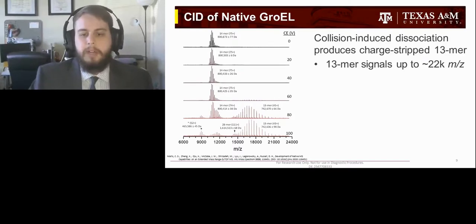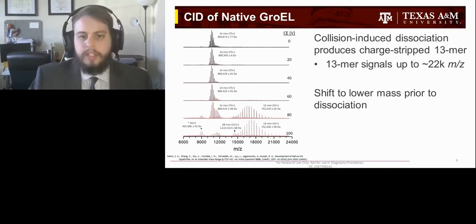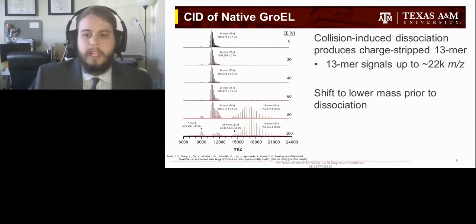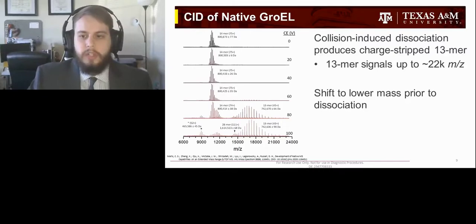So we form a monomer with high charge and a 13-mer left over with low charge. We see that these 13-mer signals are up to around 22,000 m/z. So this is really taking advantage of the high mass to charge capabilities of this instrument. And again, like I said before, we see that shift towards lower mass prior to dissociation.